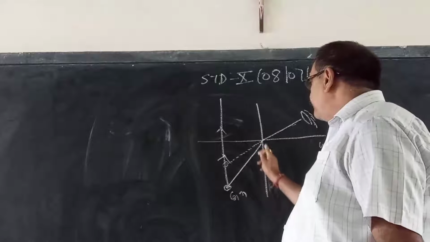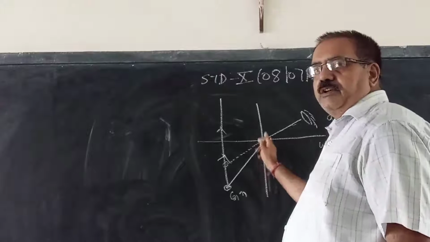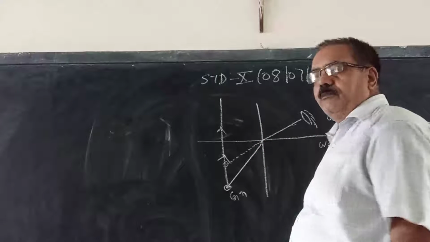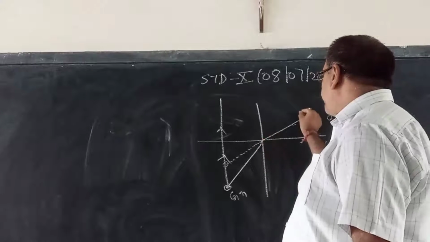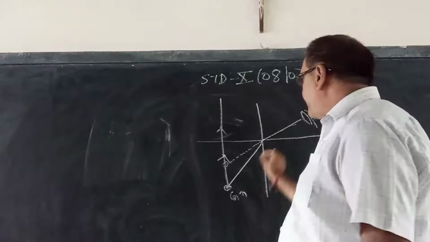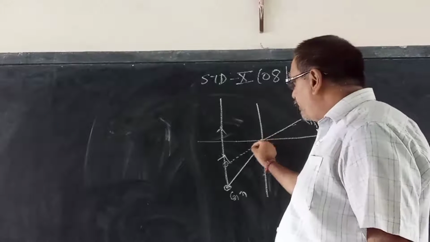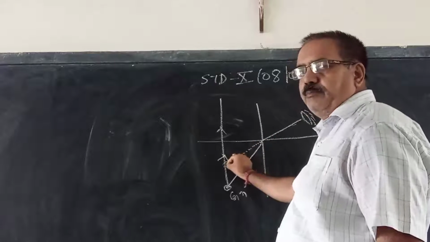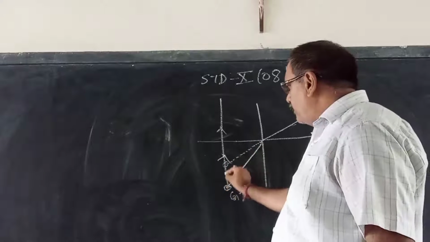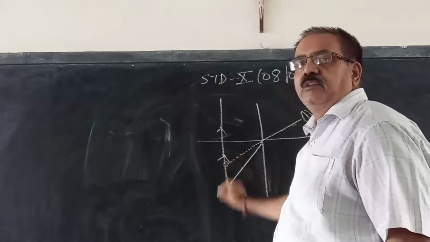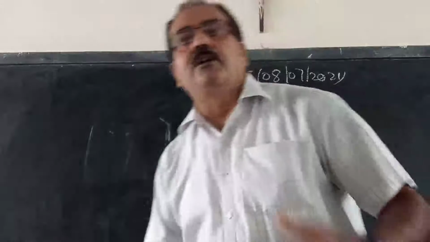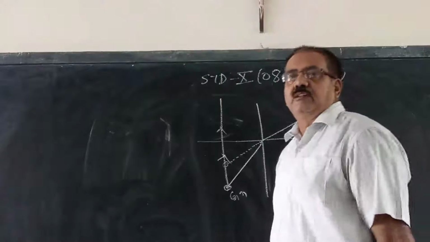This is the normal. When it comes from denser to rarer, it bends away from the normal. The person receives this refracted ray, but he sees the coin when he produces this ray straight backward. So now the coin appears here. Why does it appear here? Because of the refraction of light.